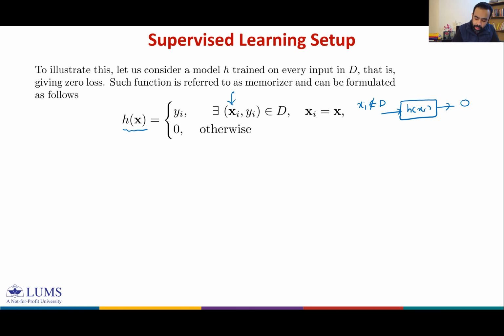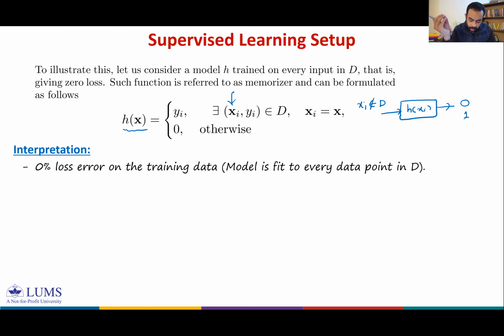In this case, the loss will be 1. Okay. तो हम कह सकते हैं कि ये तो बिल्कुल 0 लॉस दे रहा है आपके डेटा के ऊपर, right? So this model is fit to every data point in D. Okay. Or I can say this is an extreme case of overfitting, right?